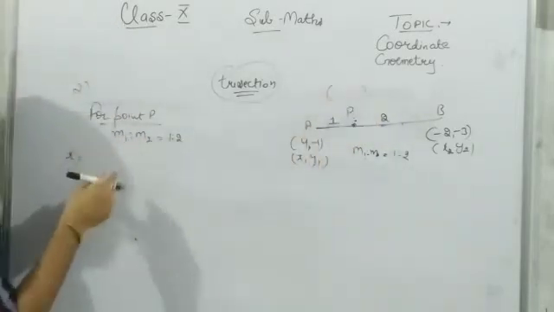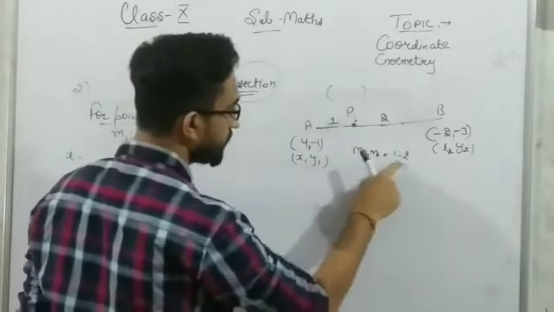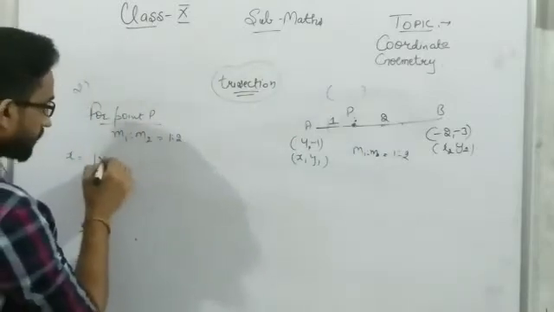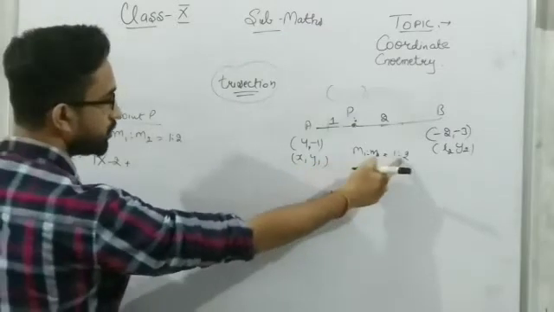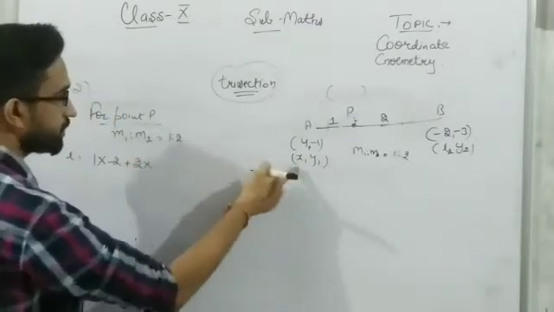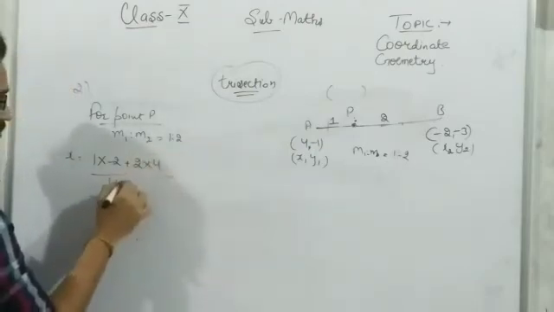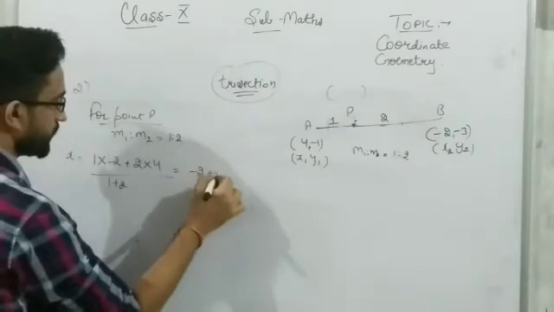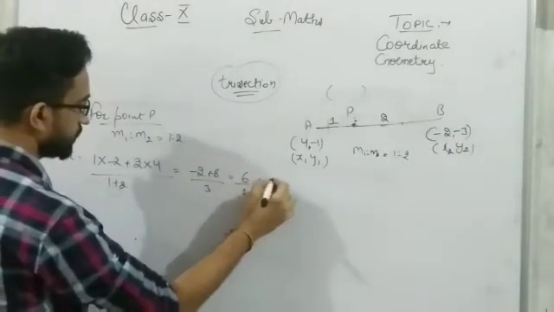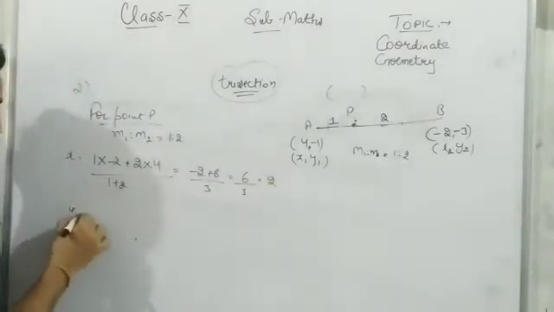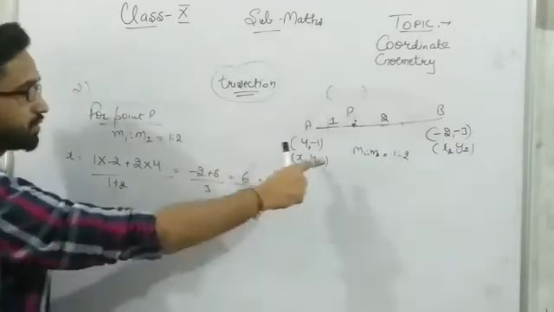x is equal to (M1 x2 + M2 x1) upon (M1 + M2). So M1 is 1 into x2, that is -2, plus M2, that is 2, into x1, that is 4, upon M1 plus M2, that is 1 plus 2, 3. So (-2 + 8)/3, that is 6/3, 2. Similarly, we can find y, that is again (M1 y2 + M2 y1)/(M1 + M2).